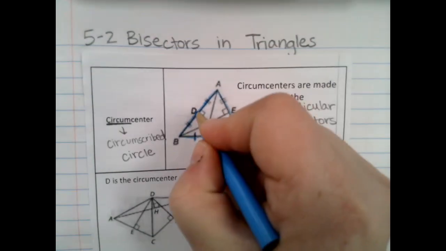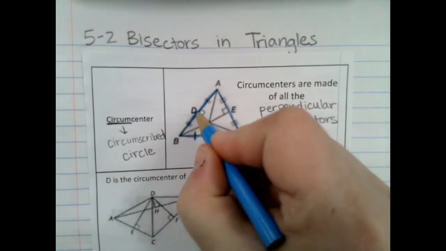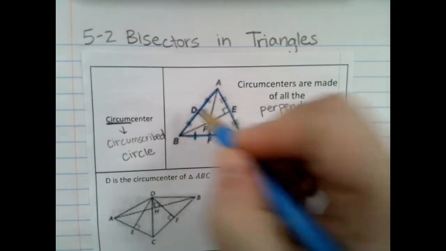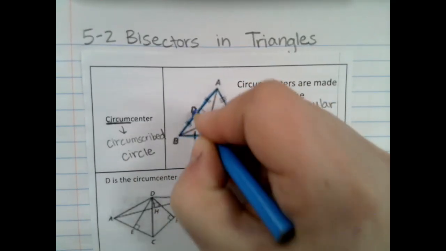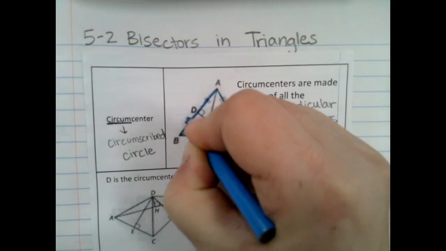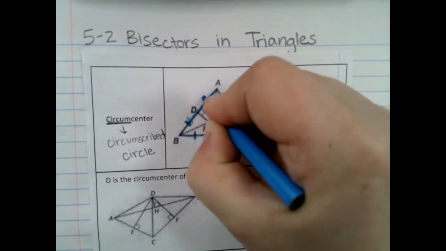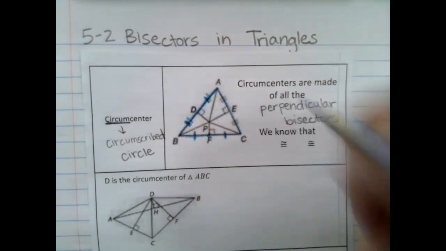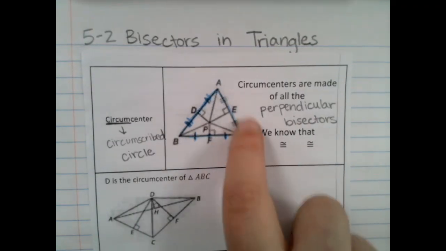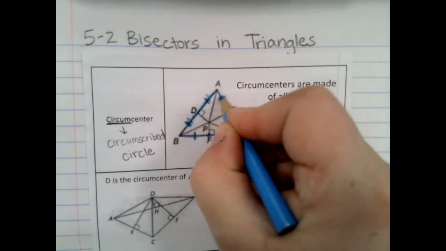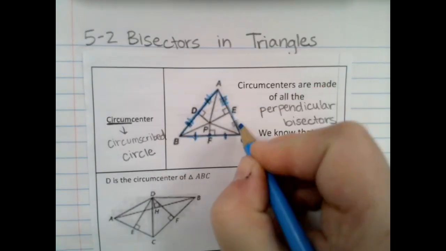D. D is another midpoint, which means that what two parts are the same? B to D and D to A. They have these two tick marks there. And then we have one more midpoint here. This time we have 3 and 3.